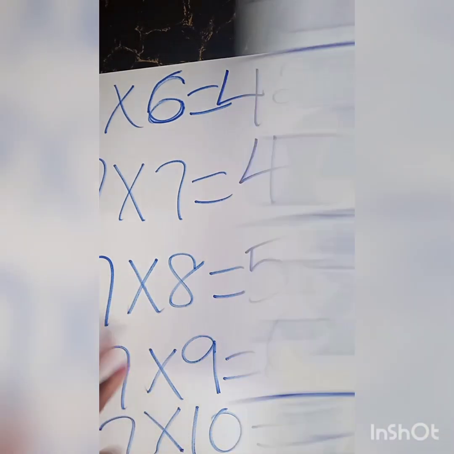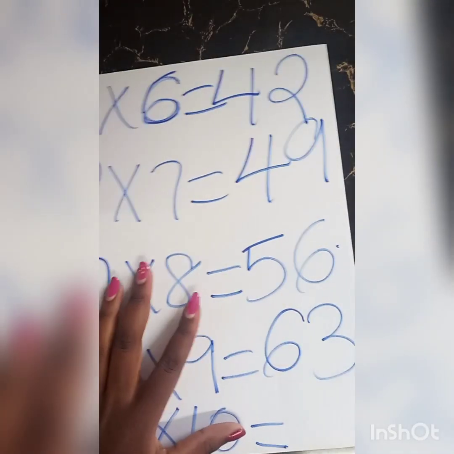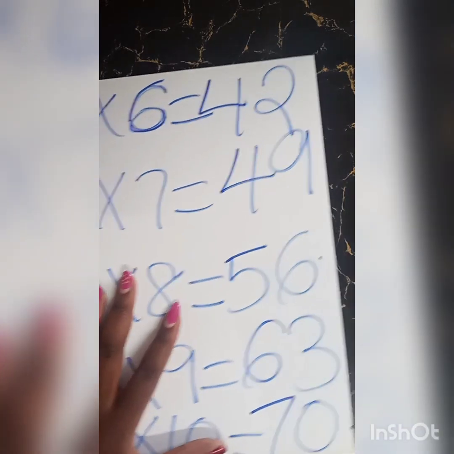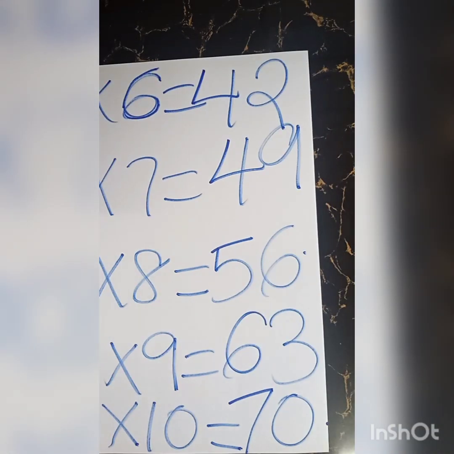And 7 times 10 is 70. And just like that, we have our table 7.